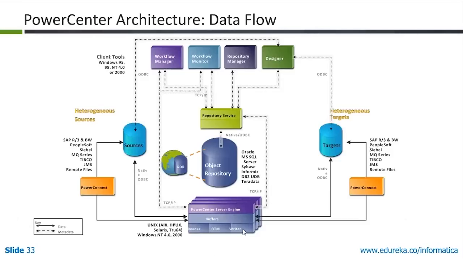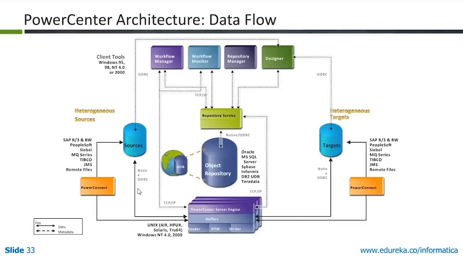Now, what are these? I'll tell you later when we have a detailed session on the architecture. But for now, bear with me. Consider this as a machine where the PowerCenter server is installed. Right? Now, the PowerCenter server connects to the sources and connects to the targets using native or ODBC.